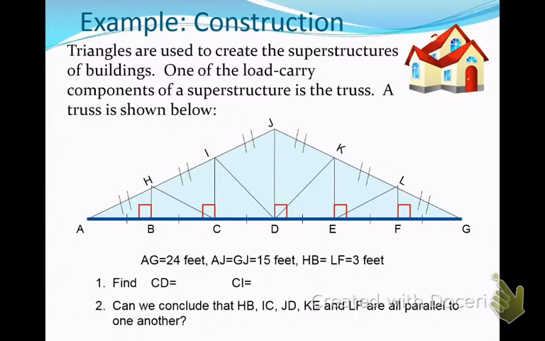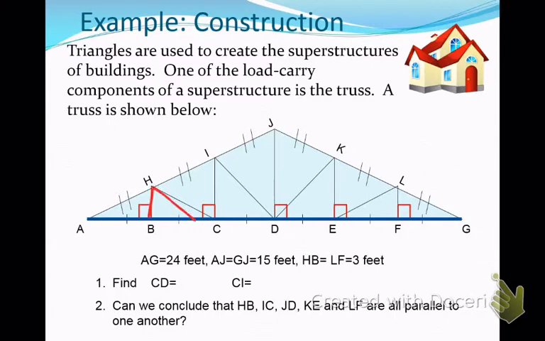Okay, all right. A quick application here: construction, home construction in particular. The roofs of homes are all made out of trusses. They're superstructures that are made out of trusses, and they're triangular in shape. Anytime you see a house being built, the trusses 99% of the time are triangular in shape.